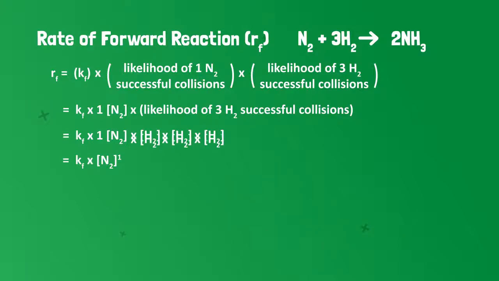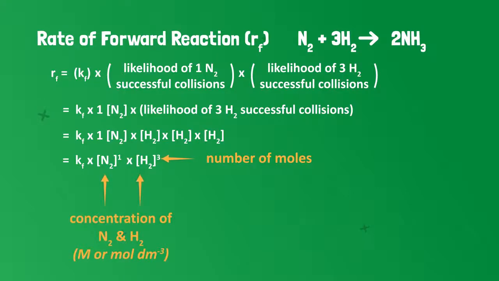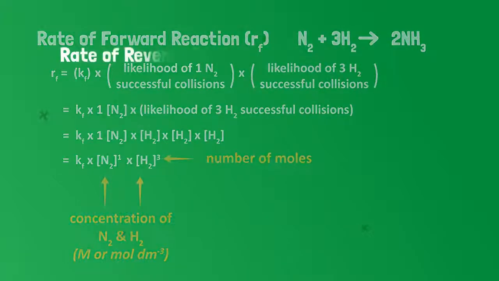In other words, the concentration of molecules is raised to the power of the number of moles for each reactant when it is multiplied with the reaction constant Kf. This is how the rate of reaction is calculated.